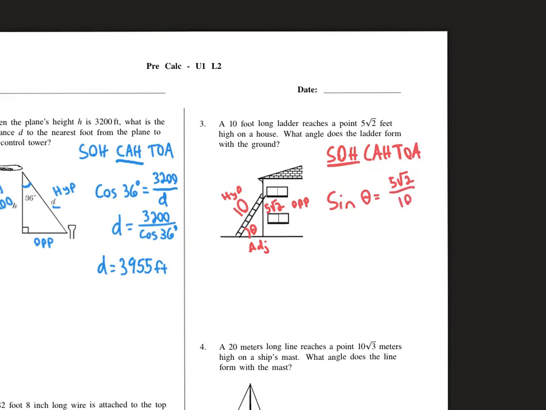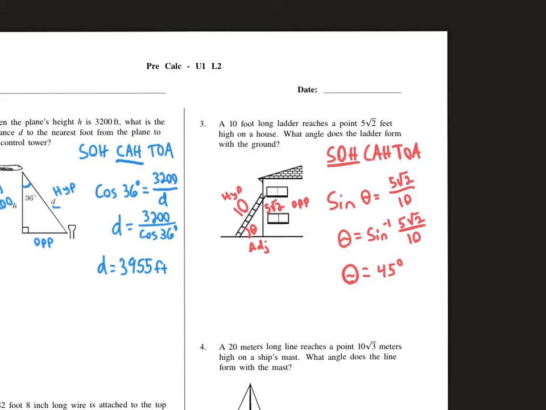And then we move the word sine over to the other side. Theta will equal arc sine of 5 times the square root of 2 over 10. And arc sine of 5 square root of 2 over 10 equals 45. And it equals 45 exactly.